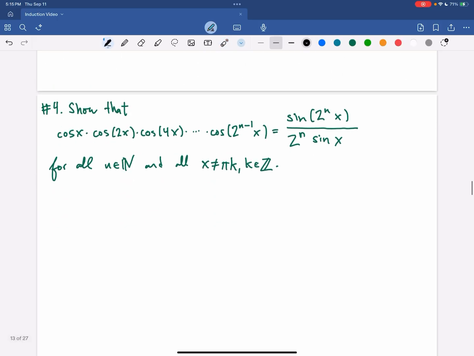All right, so base case. For the base case, we can see that the last factor on the left-hand side is cos 2 to the n minus 1 x.